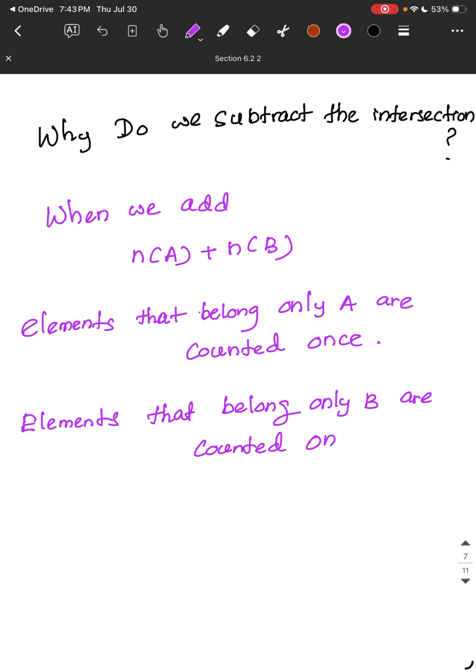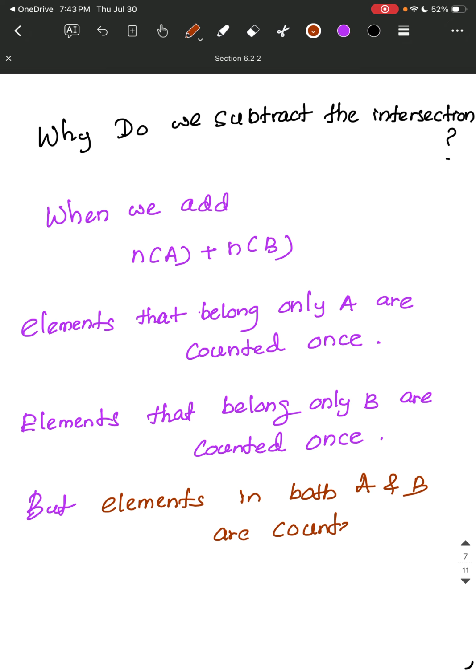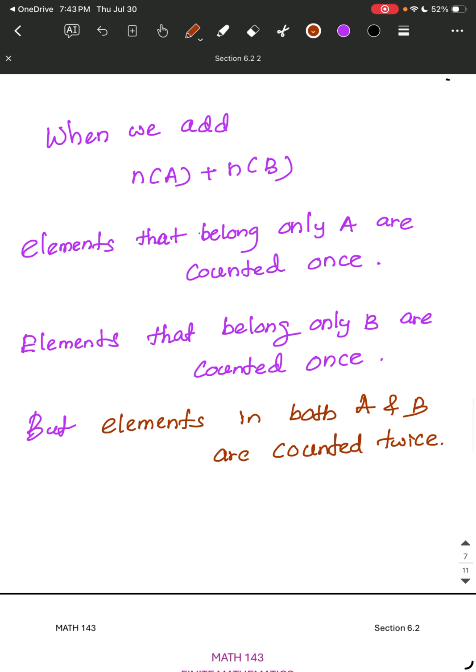But elements in both A and B are counted twice. So subtracting the number of entries in A intersection B removes the extra count.